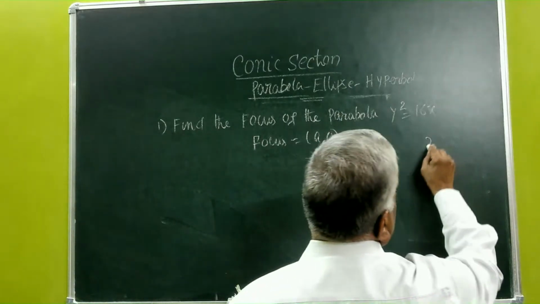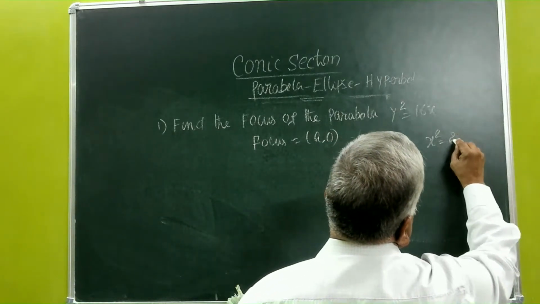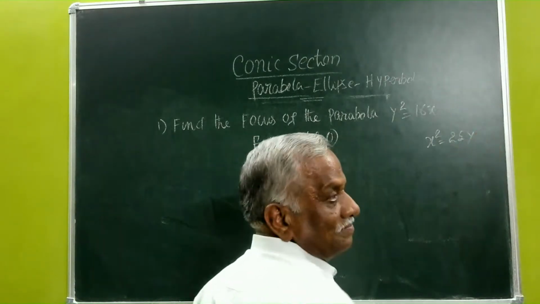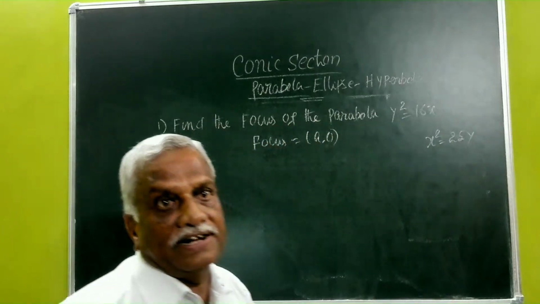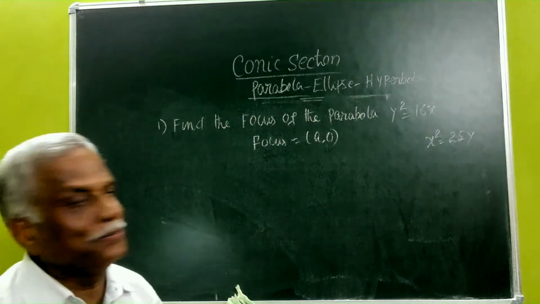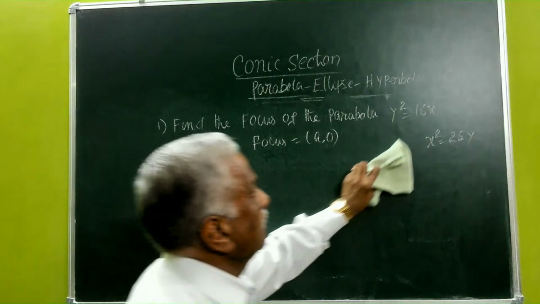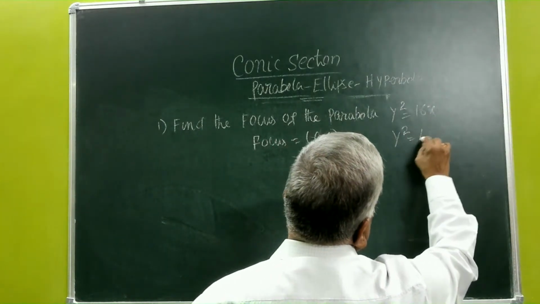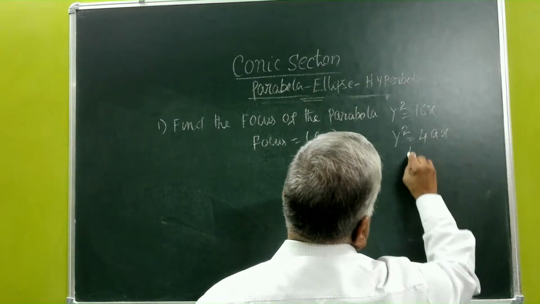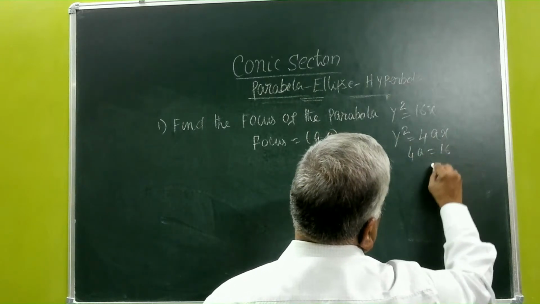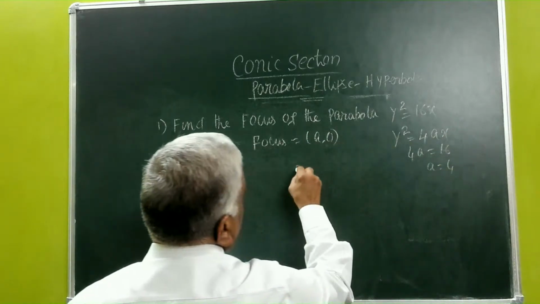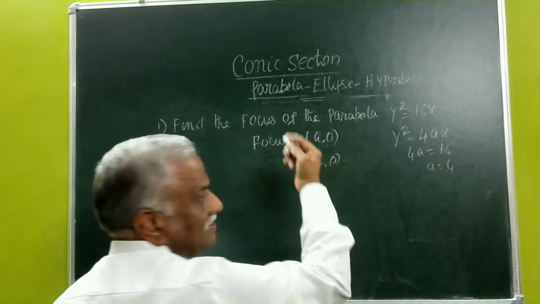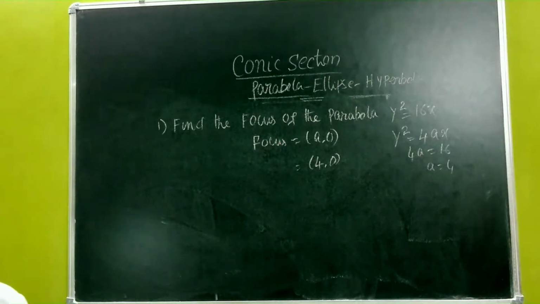Supposing they had given x square is equal to 25y, then by interchanging, a comma 0 becomes 0 comma a. So this is the first type only. You are comparing with y square is equal to 4ax. So 4a is 16, a is 4, therefore it is 4 comma 0. It will not take much time.